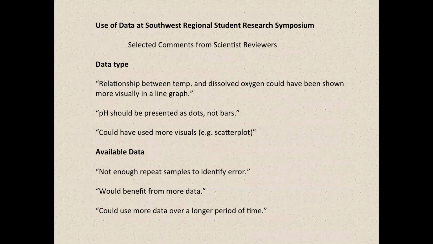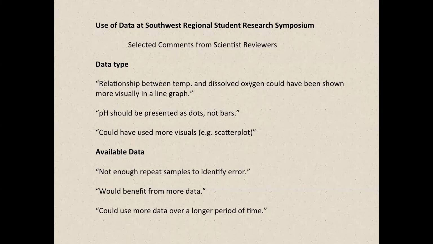So the first one is going back to the data type. Okay, so I showed you the graph where there's several different data types that you may consider for different things. So these are a few comments I extracted out of the reviewer comments.